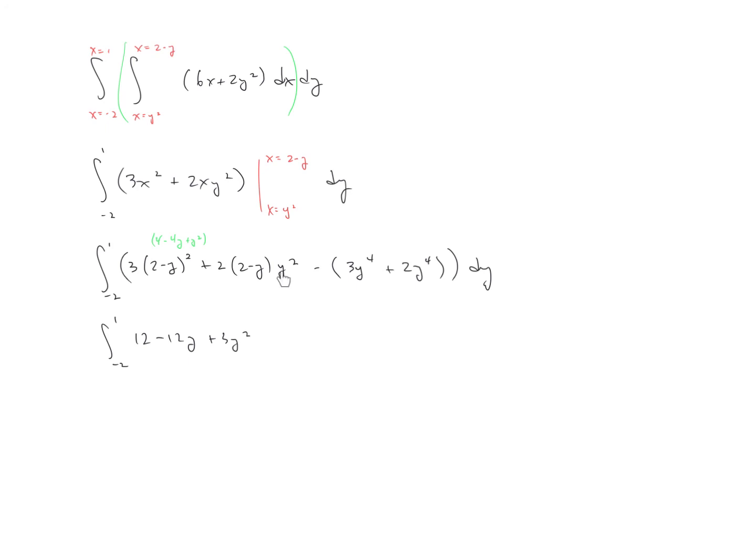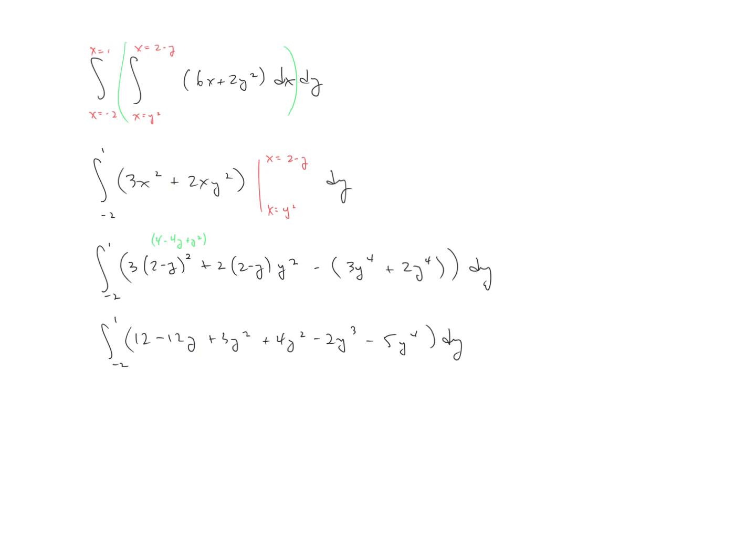I'll also go ahead now and distribute both of those numbers in, which is going to give us a plus 4y squared minus 2y cubed, and then finally a minus 5y to the 4th. The minus 5y to the 4th comes from this right here. And then we'll have our dy.